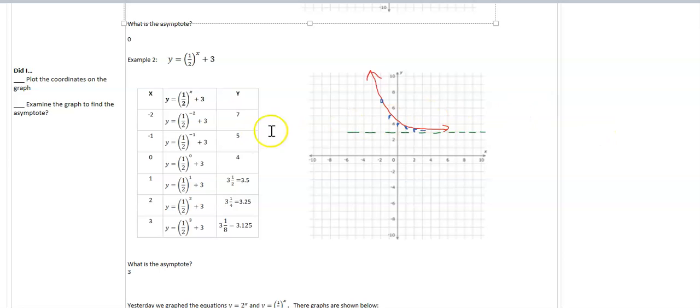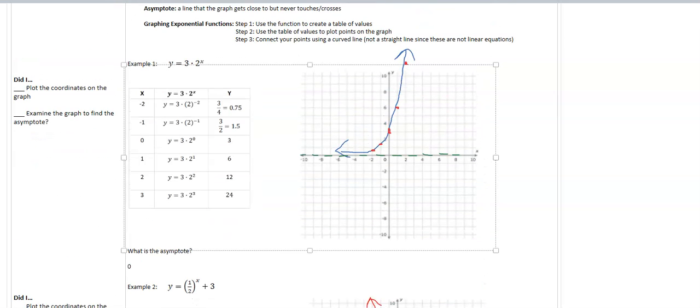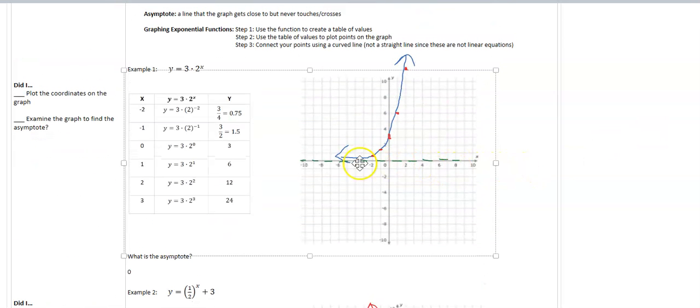I'm never going to go over it. And our equation is y is equal to 1/2 x plus 3. And if we look at the first example, again, the asymptote is at 0, and our equation was y is equal to 3 times 2 raised to the x.